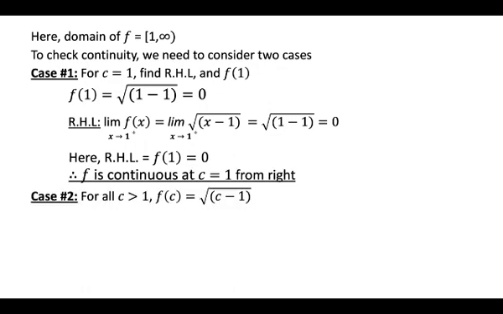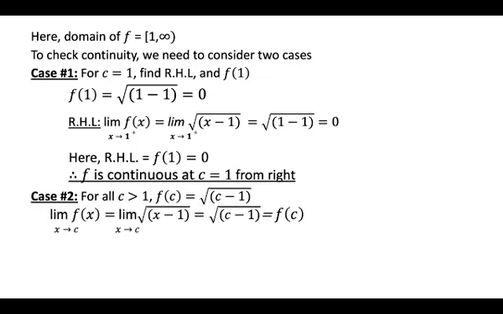Now case 2: if c is greater than 1, then f(c) equals under root c minus 1, and also limit x tends to c of f(x) equals limit x tends to c of root (x minus 1), which equals root (c minus 1), which equals f(c). So f is continuous at c greater than 1.